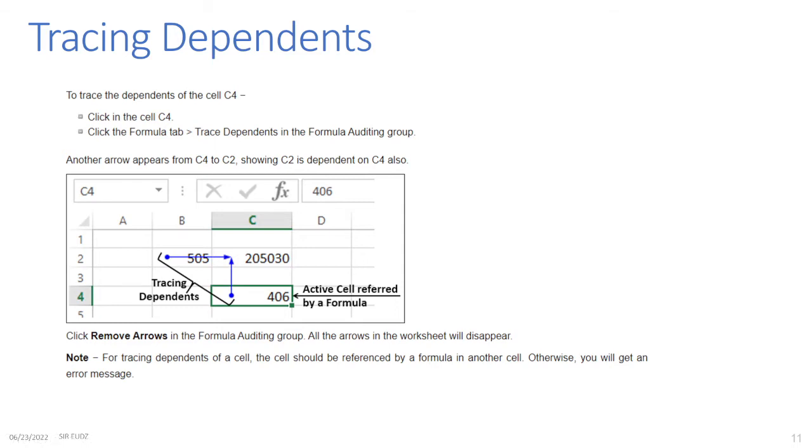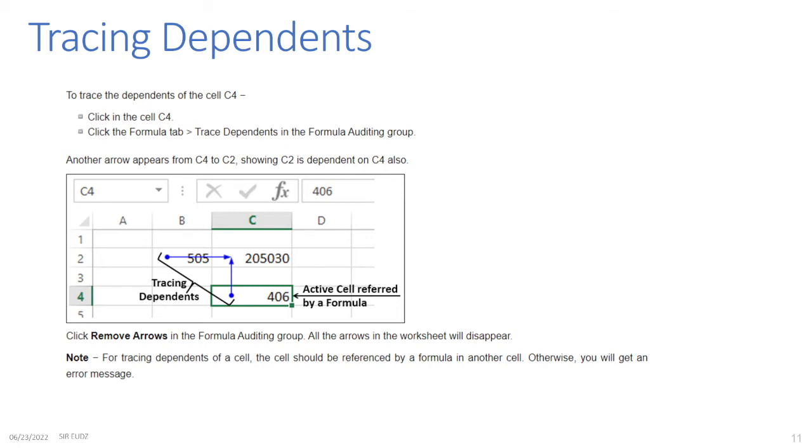So these are the dependents. To trace the dependents of the cell C4, click on cell C4, click the Formulas tab, Trace Dependents in the Formula Auditing group. An arrow appears from C4 to C2, showing that C2 is dependent on C4 also. Click Remove Arrows in the Formula Auditing group. All the arrows in the worksheet will disappear.